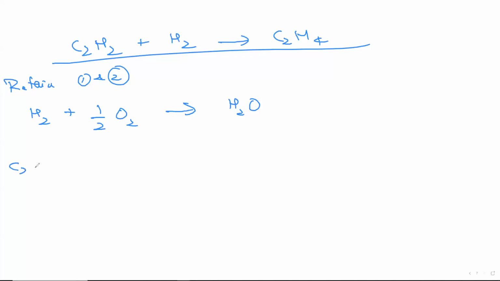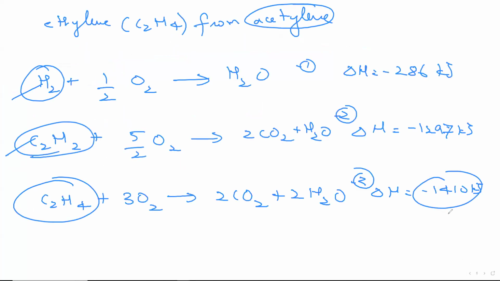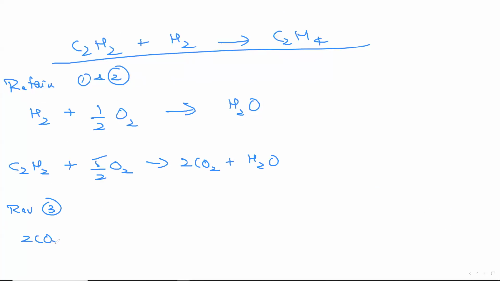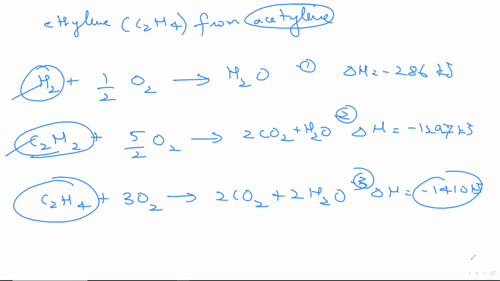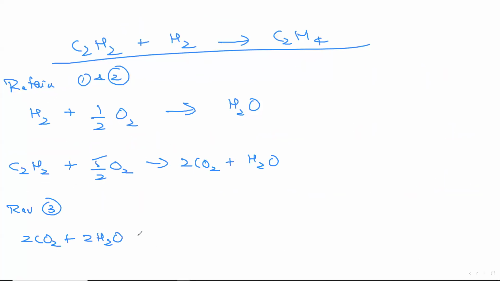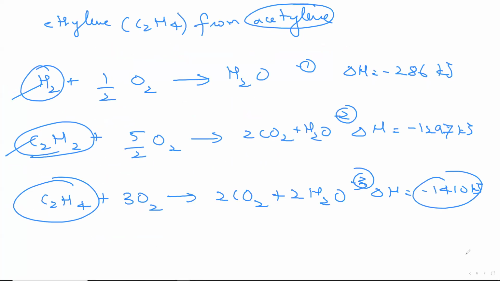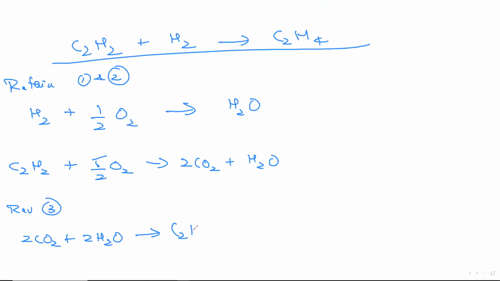C2H2 plus 5 by 2 O2 gives me 2 CO2 plus water. Then reversing equation 3, careful. This minus becomes a plus later after reversing. 2 CO2 plus 2 H2O gives me C2H4 plus 3O2.